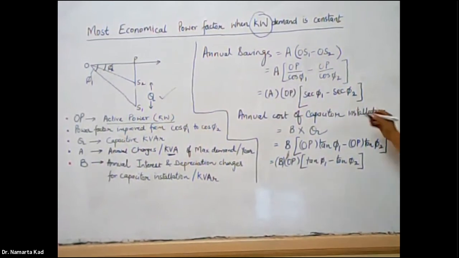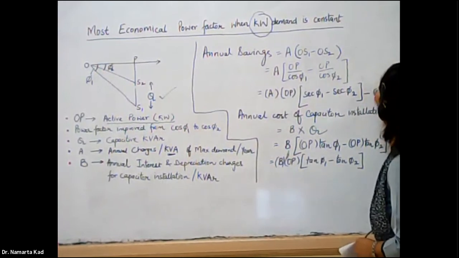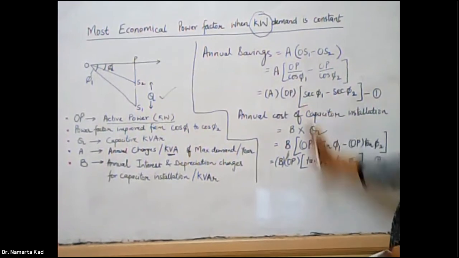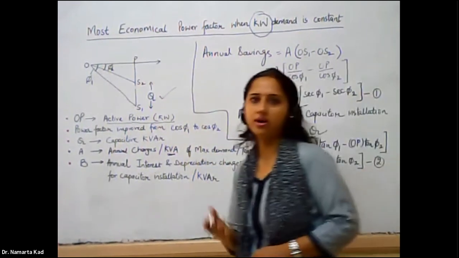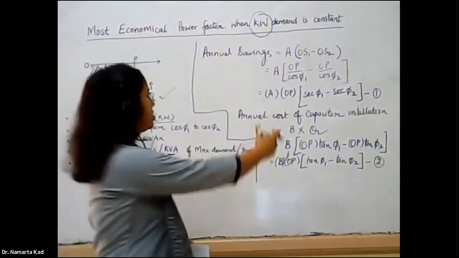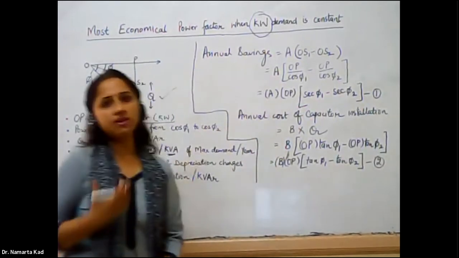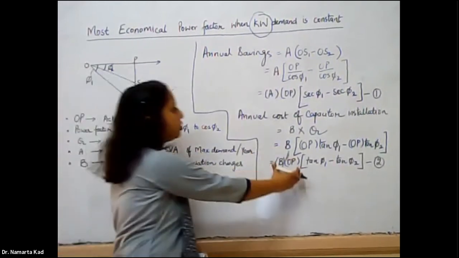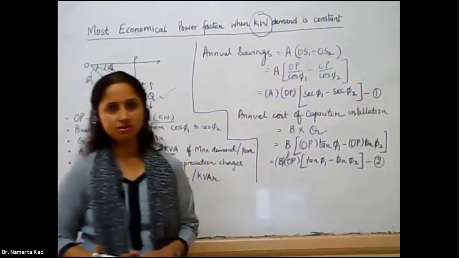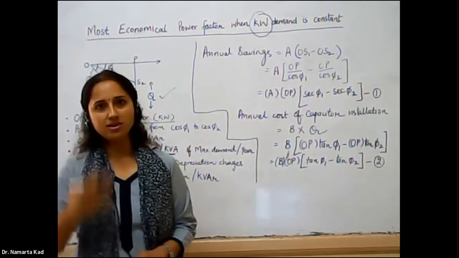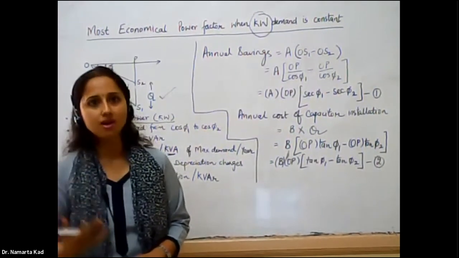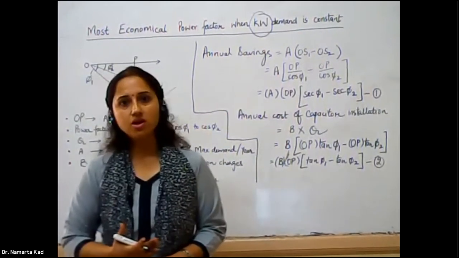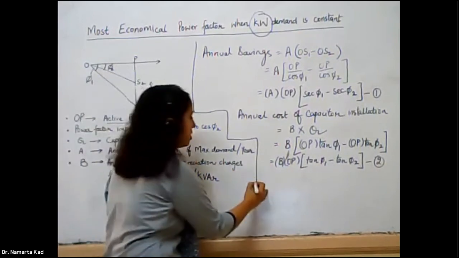Just mark this one as equation number 1 and this as equation number 2. Now, as you've seen here, equation number 1 represents our annual savings after improving the power factor, and equation number 2 represents our expenses, meaning how much we spent on installing the capacitors.